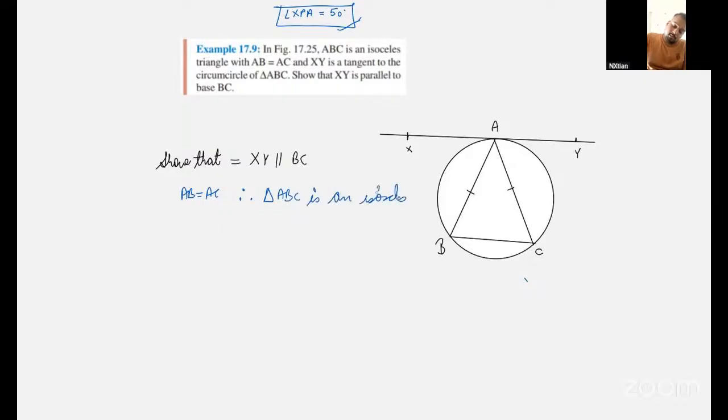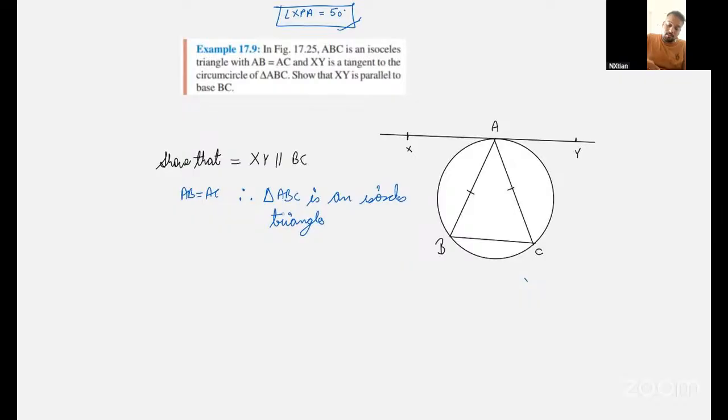What is an isosceles triangle? An isosceles triangle is a triangle in which two sides are equal, and it has a property that we have been learning since childhood, that in an isosceles triangle, the angles opposite the equal sides are equal.